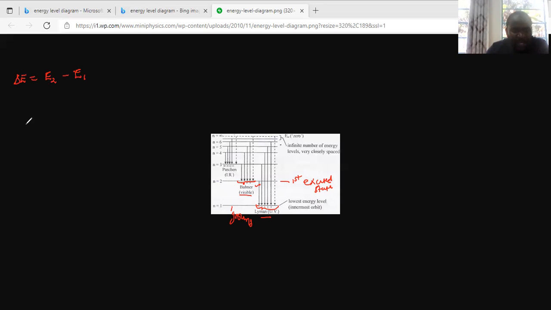So it is from here that we can talk about what we call the ionization energy and excitation energy.